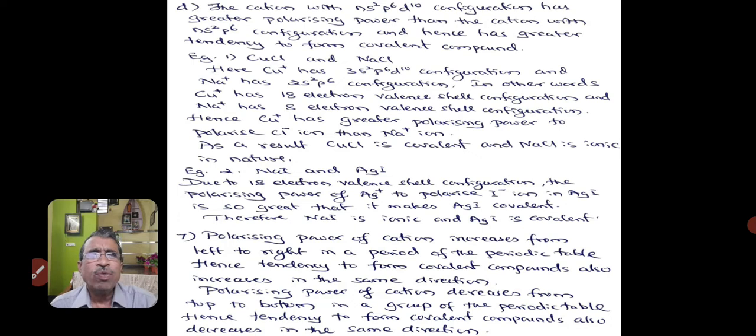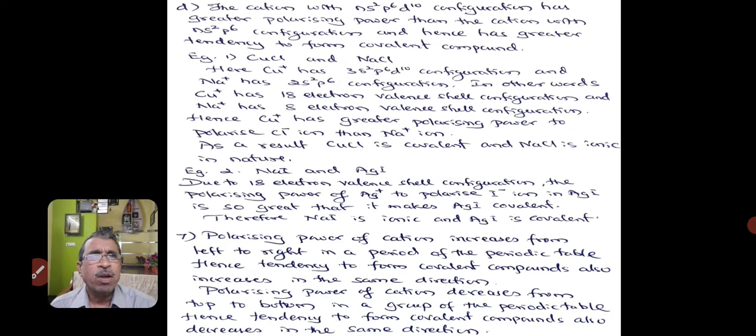The cation with ns2 np6 nd10 configuration has greater polarizing power than the cation with ns2 np6 configuration and hence has greater tendency to form covalent compound. Let us take an example of cuprous chloride and sodium chloride.